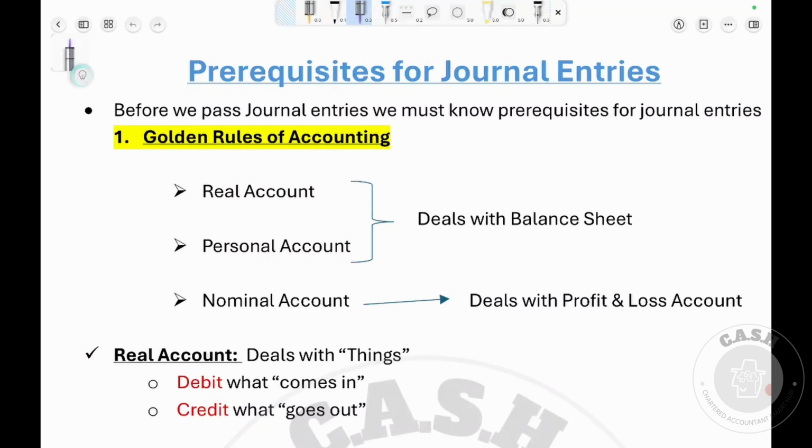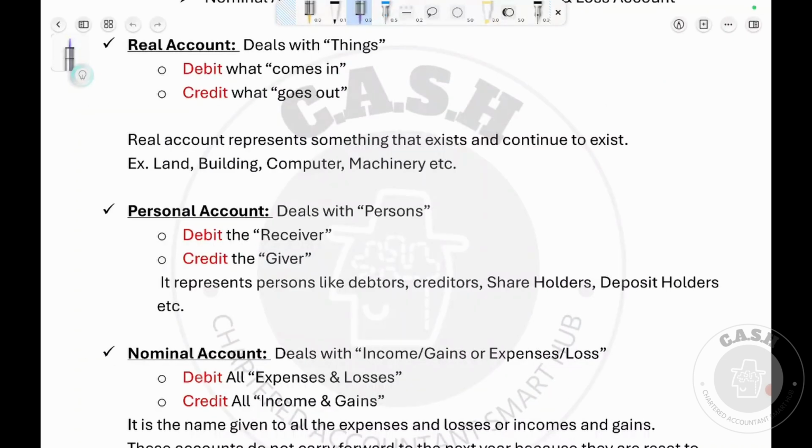So, what are the golden rules of accounting? Those are real account, personal account, and nominal account. The first two deal with the balance sheet, and nominal account deals with profit and loss account. Real account is the things you have with you, which means it represents something that exists and will continue to exist.